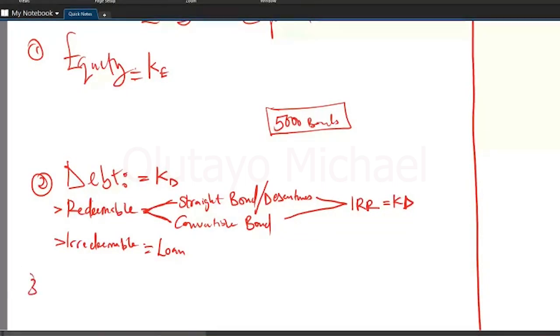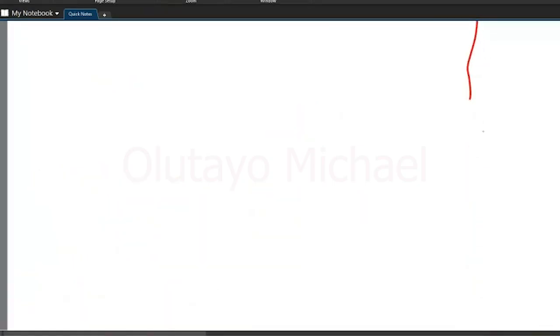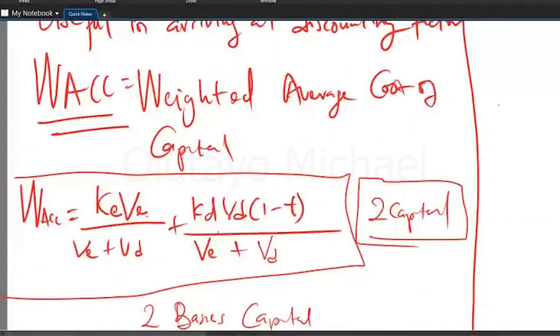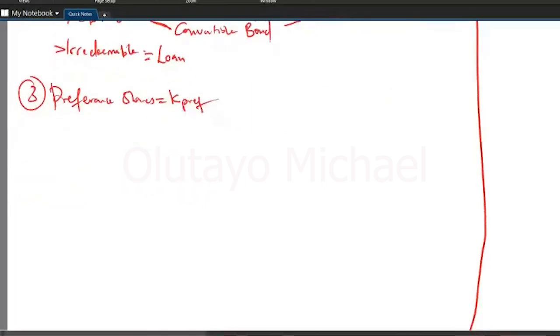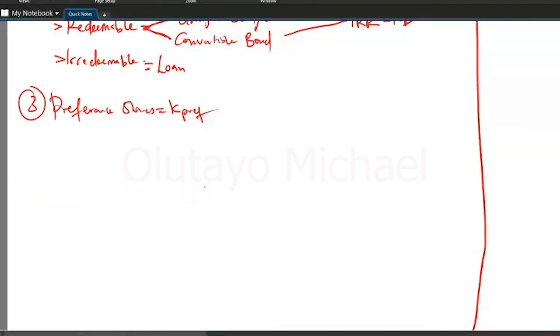So number 3 is preference shares. Now we calculate the cost of preference shares. The next subtopic is, after I have said we calculate cost of equity for equity capital, we calculate cost of debt for debt capital, and we also calculate cost of preference shares for preference share capital.